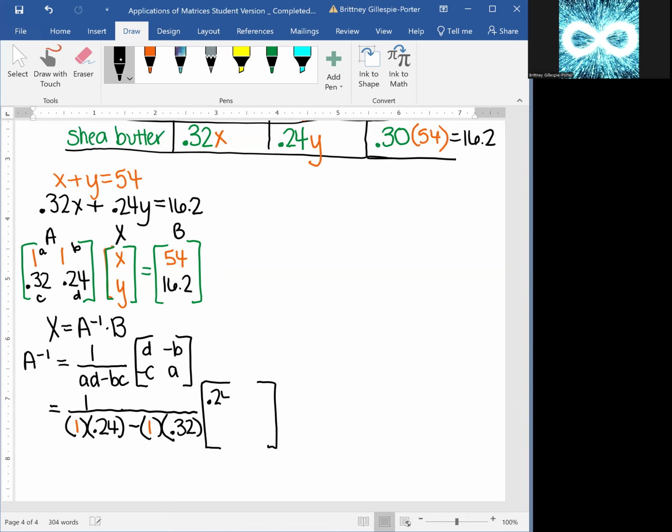So 0.24 comes up, 1 goes down, and we negate on the backswing. We're going to have negative 0.32 in the bottom left and negative 1 in the top right.